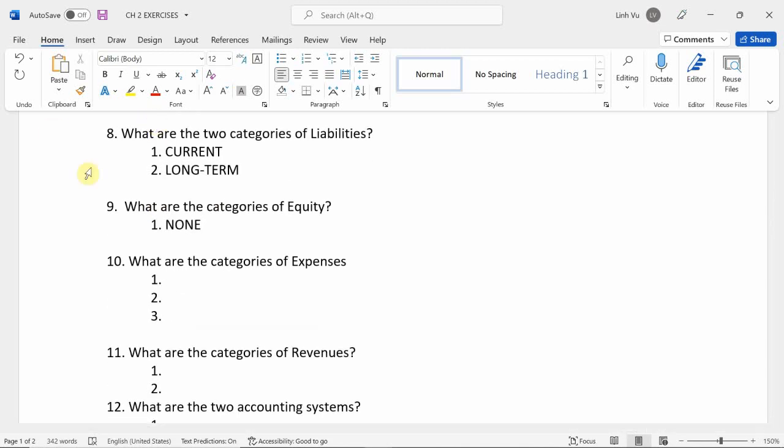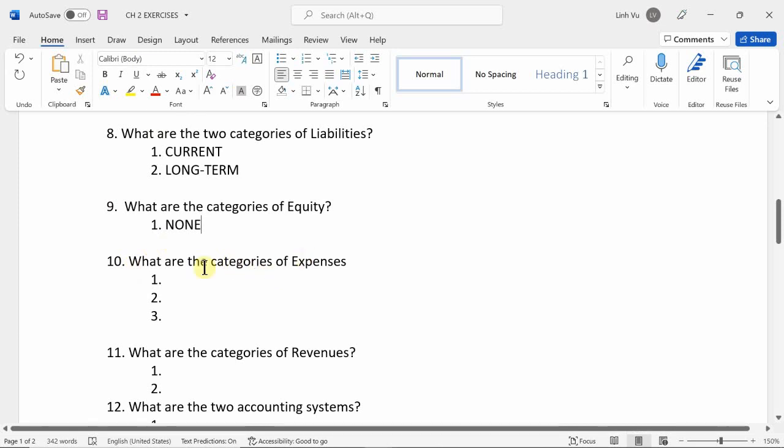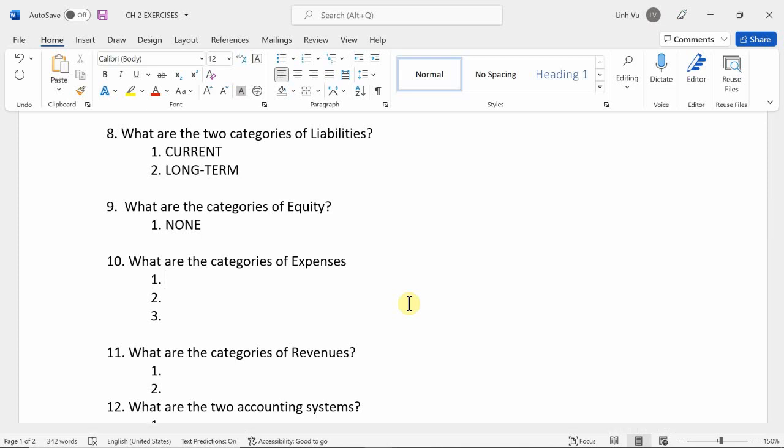Number 10, what are the categories of expenses? We're talking about expenses. What are the categories of expenses? All expenses needed to operate a business. That's the definition. I'm asking for the category.